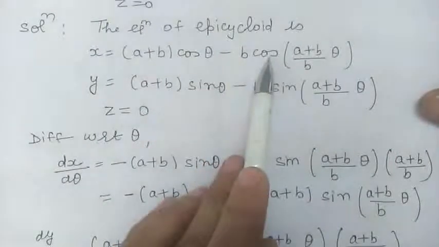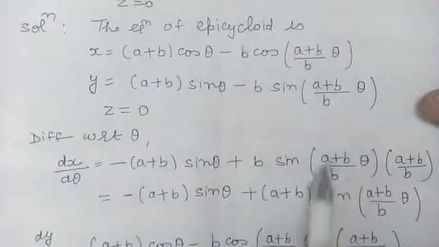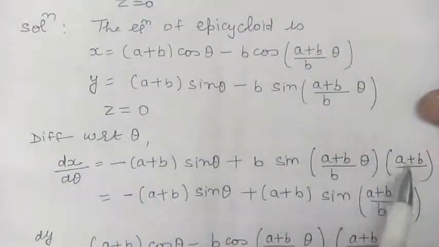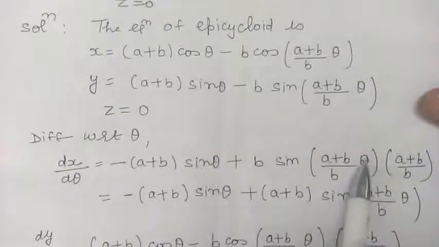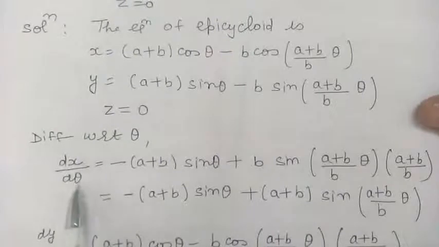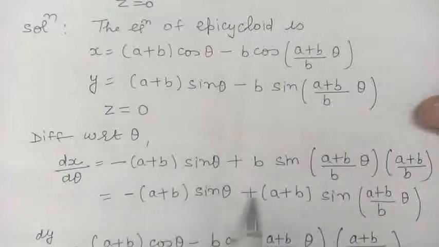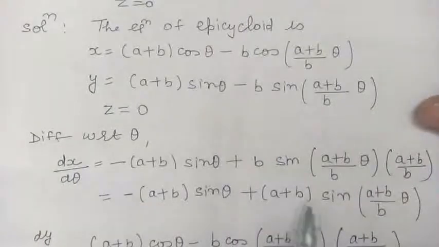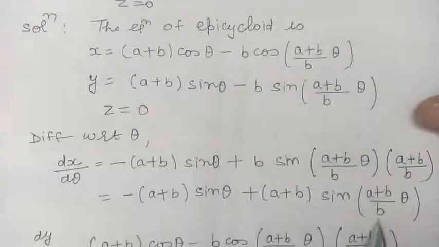The derivative of cos is minus sin, and the derivative of the argument will be (a plus b) by b, because the derivative of theta is 1. So from here we get the value of dx by d theta, which is minus (a plus b) sin theta plus (a plus b) sin of ((a plus b) theta divided by b).